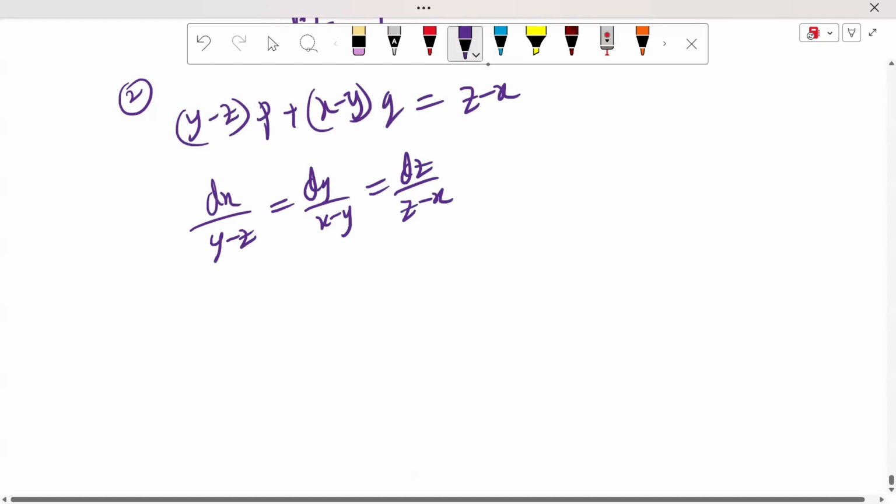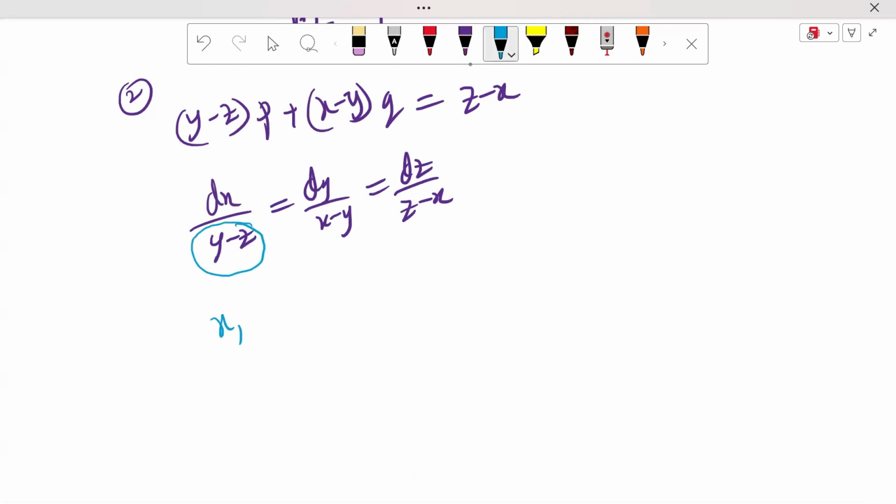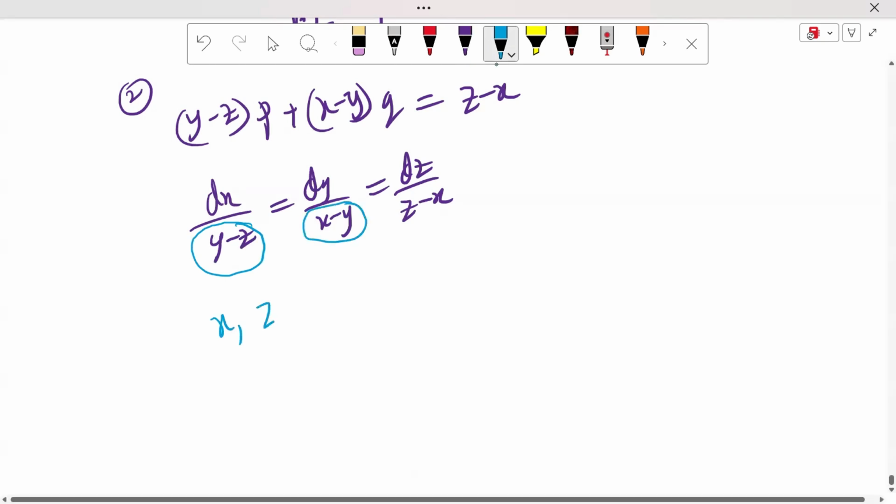Here we can observe, what is missing in the denominator? x is missing, so x is one of the multipliers. Here z is missing, so z is one of the multipliers. Here y is missing, so y is one of the multipliers.